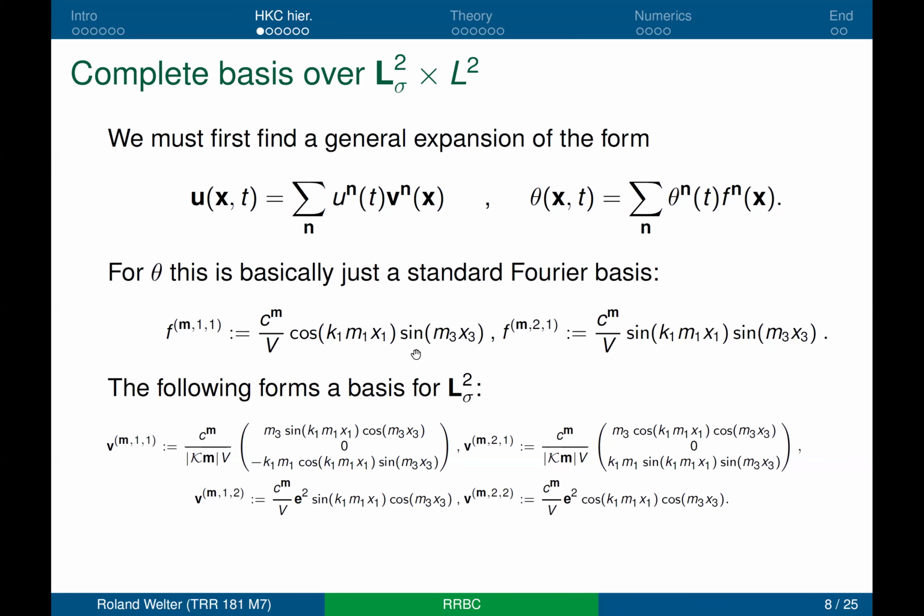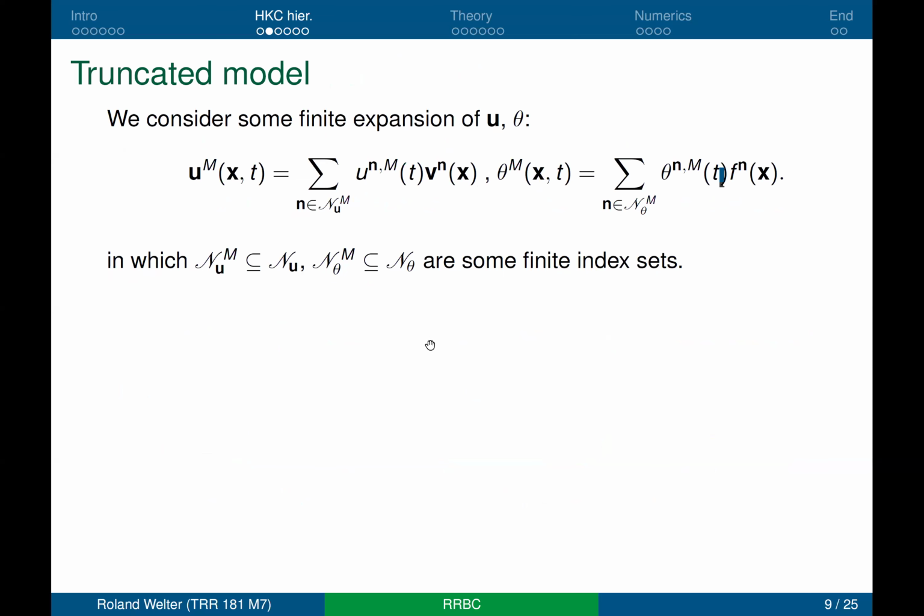So we've found a general basis, and then what we want to do is study a truncated model, just as in the Lorenz system. So we study a truncated velocity field and a truncated temperature deviation, where these sums are taken over just some finite index sets rather than the infinite index sets that would be for an L2 function.